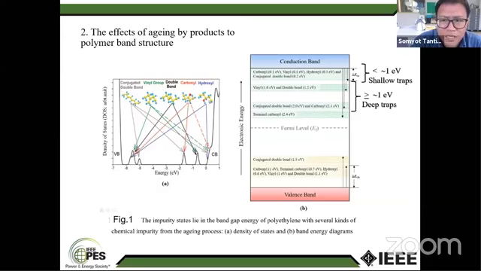What is the meaning of shallow and deep traps? A shallow trap could trap the charge in the polymer for a shorter time than the deep traps. For example, if an electron is captured by a shallow trap, it could be trapped inside the polyethylene maybe for microseconds. And in the case of deep traps, the electron could be trapped for 10 to the power of 12 seconds. That means about a month.